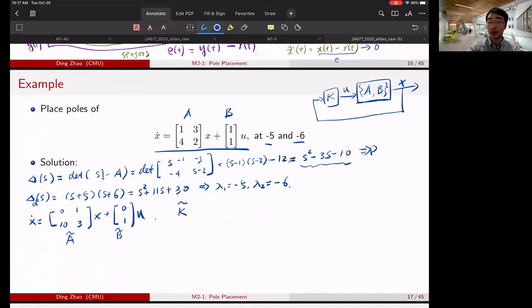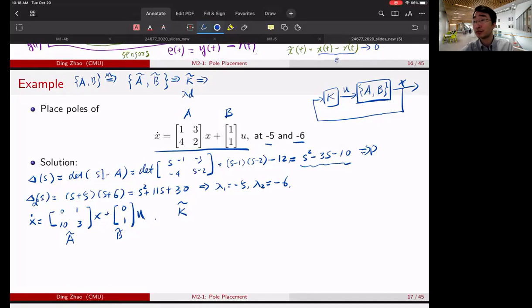First, we have a system A and B. We can go to A tilde, B tilde, our controllable canonical form, via a transformation M. From here, we can design a K tilde, our desired K, to put the system to the desired lambda.